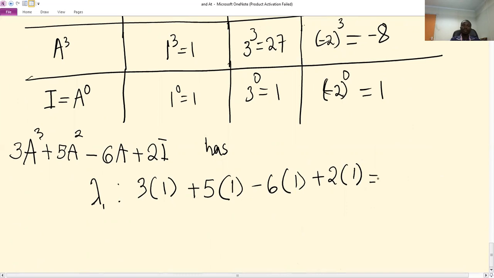So the answer will be 3 plus 5 minus 6 plus 2, which gives us 4.